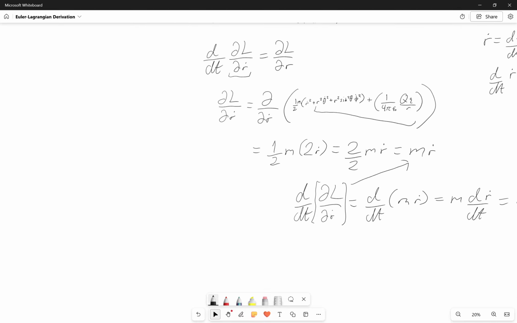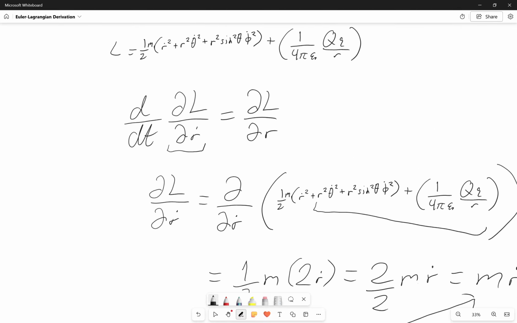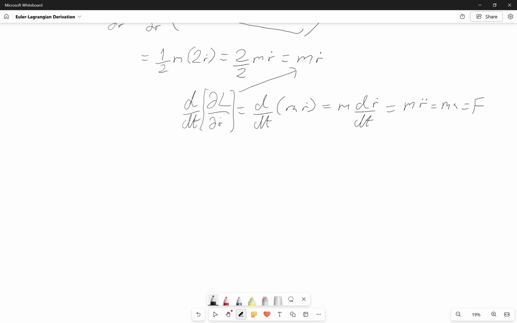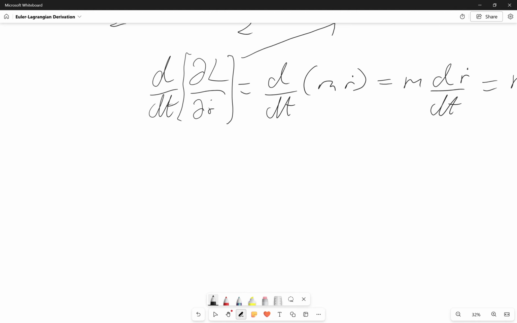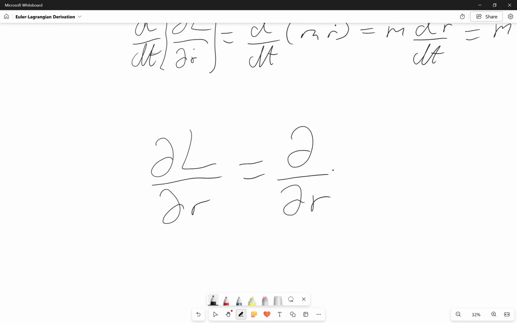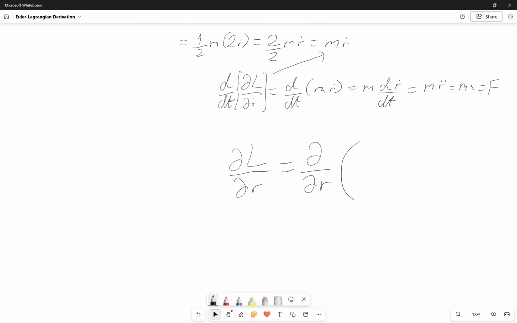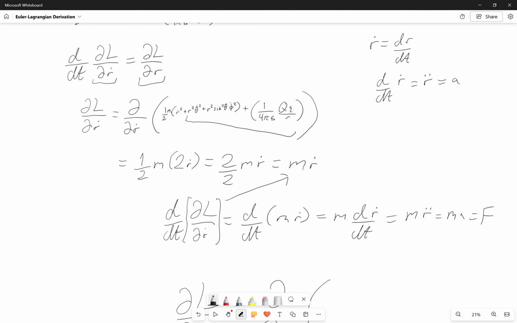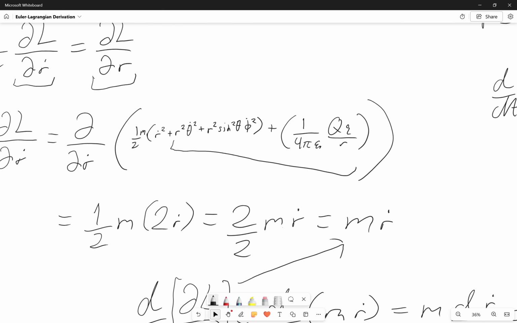And let's do the right-hand side. I'll do it below. Now I'm going to copy this Lagrangian right here.